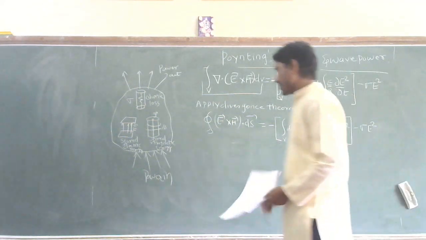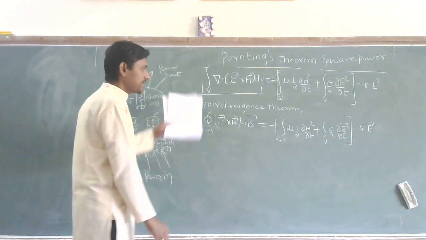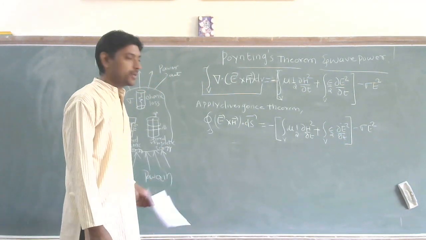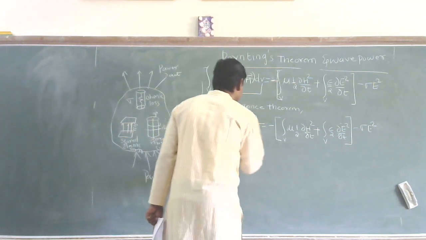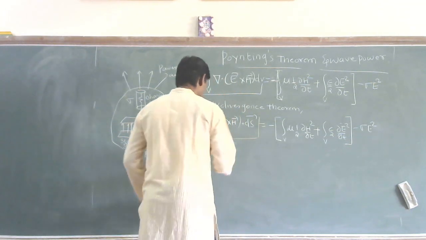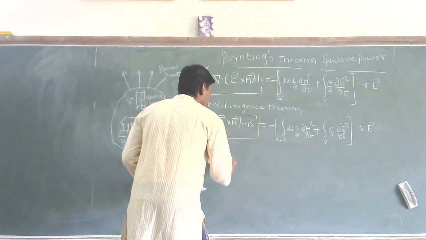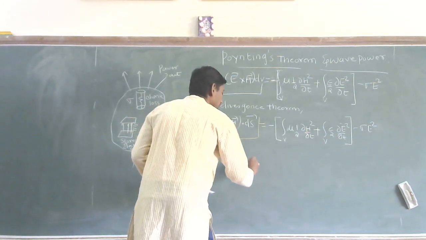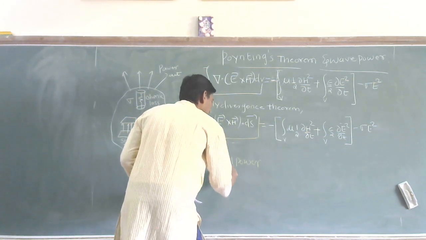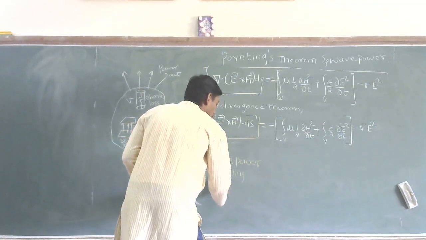The Poynting's theorem, which we made a statement of, now has its corresponding equation. What is this term trying to tell us? This is the total power leaving a volume.